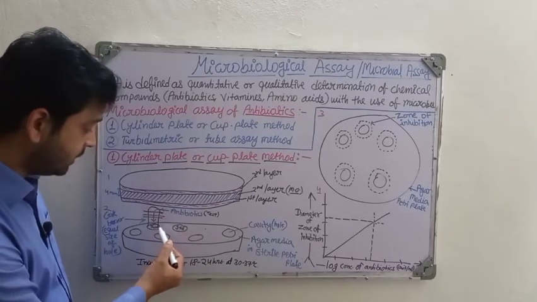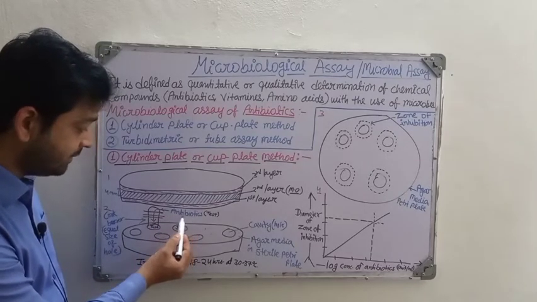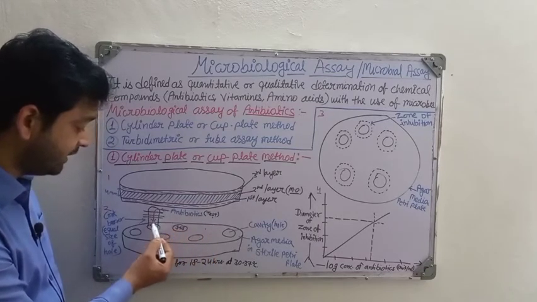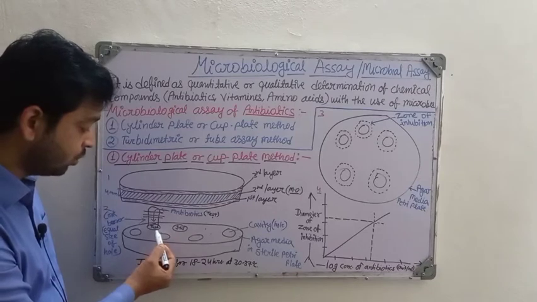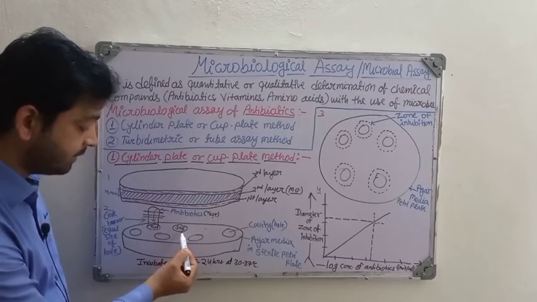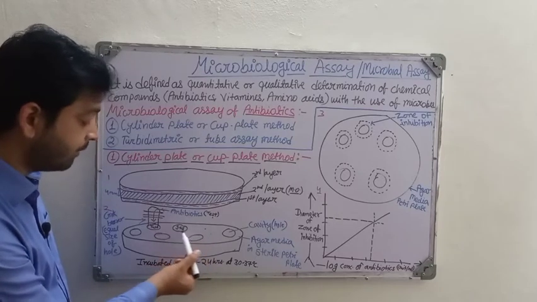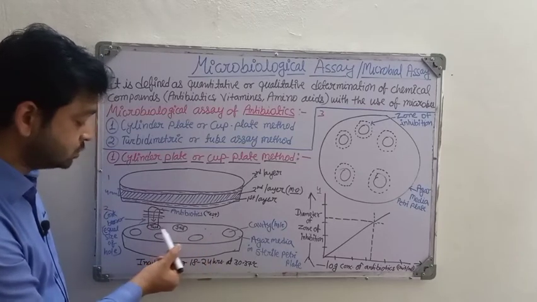Then we give the antibiotic that we want to test. We pour or keep that antibiotic in one hole, and in a different hole we keep the standard antibiotic, from which we are going to compare the zone of inhibition.